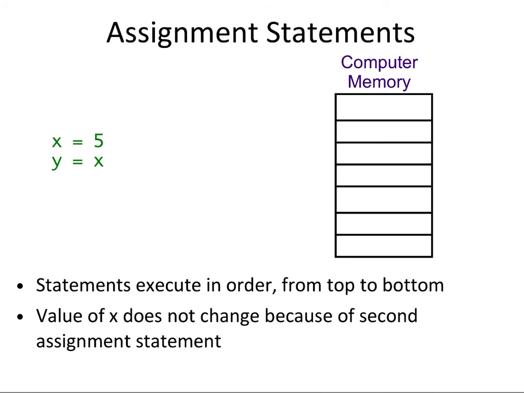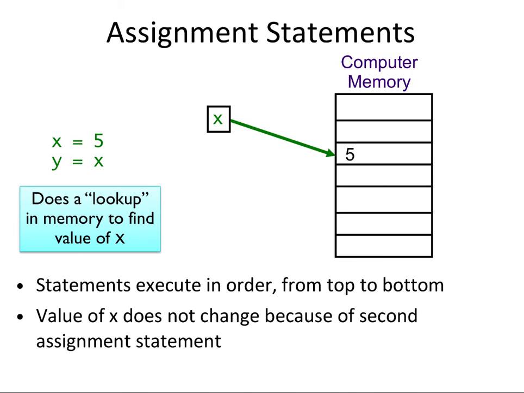Well, first, the computer gets the value 5 stored in it, and then we end up with a pointer of x to the value 5 in memory. So the variable x refers to this slot in memory, which currently contains 5. Now let's go on to the second statement, y equals x.